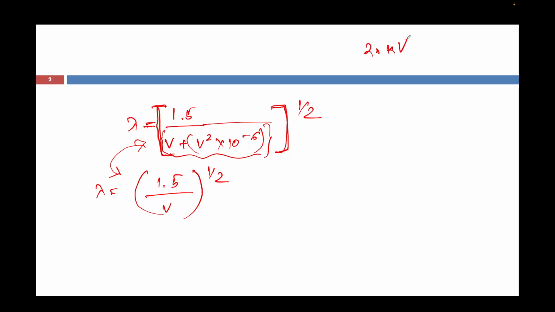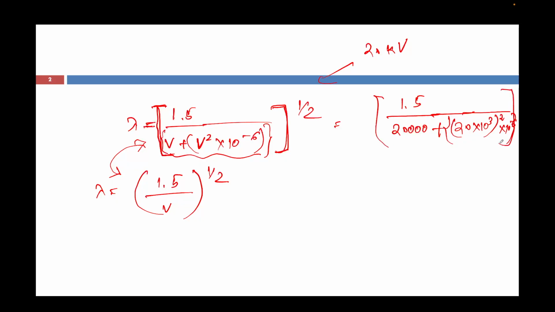Then the formula will be 1.5 divided by 20 kilovolt, which is 20,000 volt. Here V is the accelerating potential, 20,000 volt, plus V square, which is 20 into 10 to the power 3 squared, into 10 to the power minus 6. And the formula will be the entire thing to the power 1 by 2.